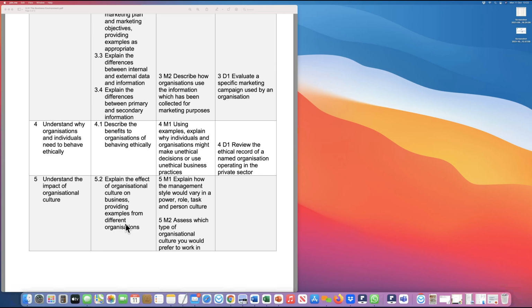We will understand how an organization's culture affects its business and its business operations, and how different cultures can form within the organization. And when we talk about culture within an organization and culture models, we'll be looking at one or two specific models which we need to be aware of.